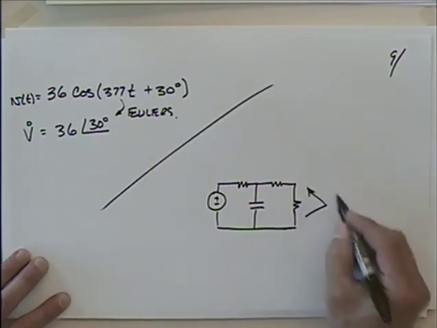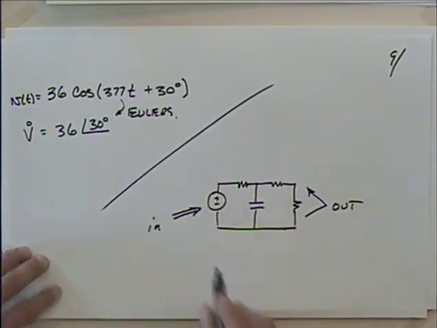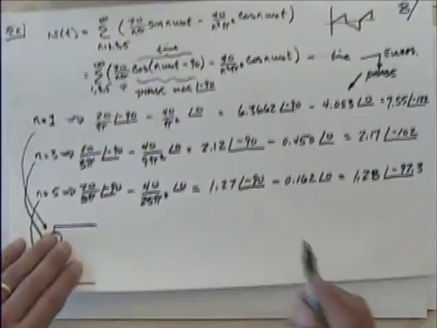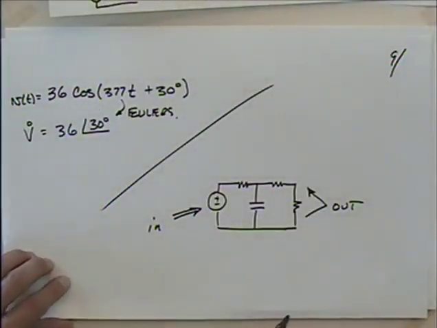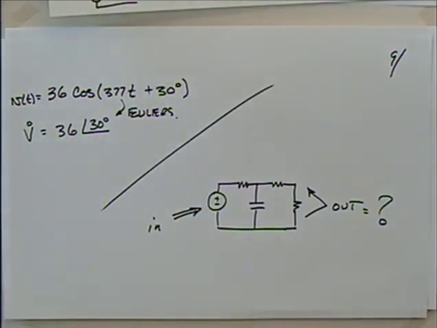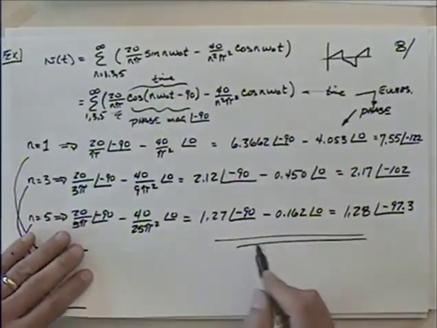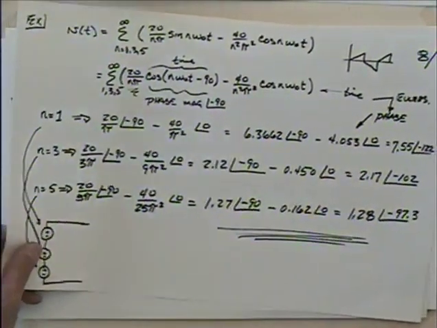This is going to be our out, and this is going to be the in. So we'll take what's represented by this, feed that into there, and see what we get on the output of it. That'll be a pretty good challenge. So make sure you keep your notes handy, because this will be our starting point for that.